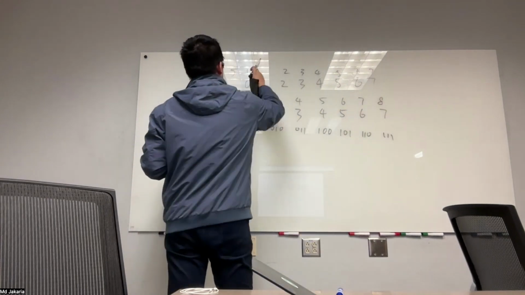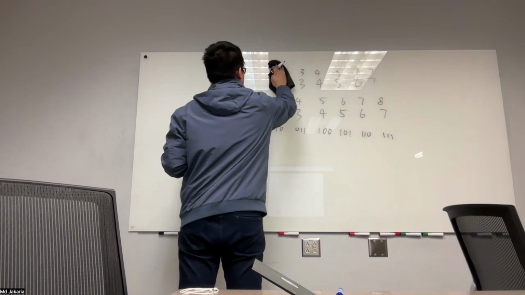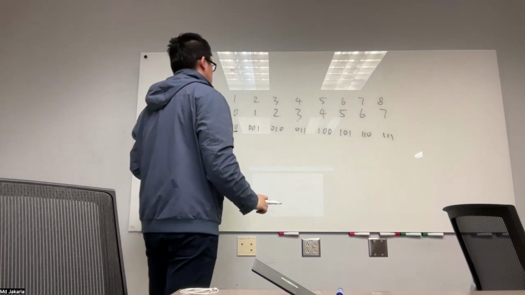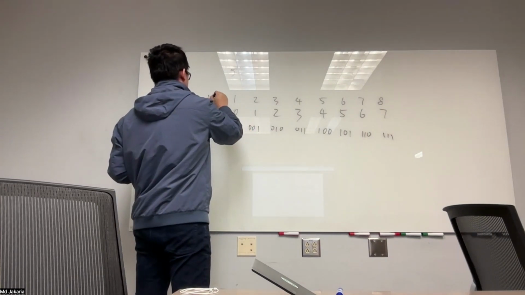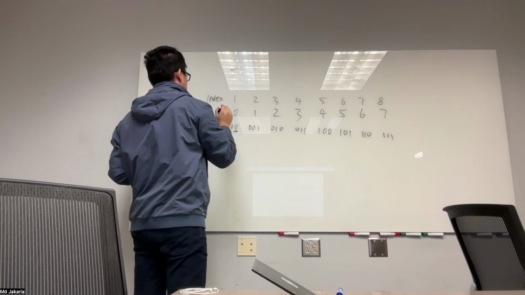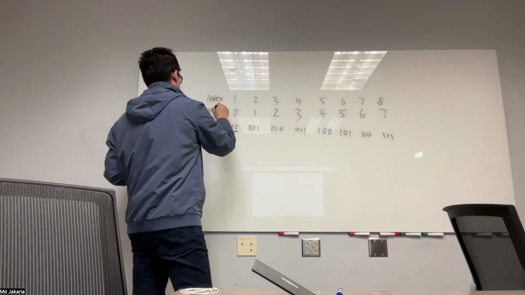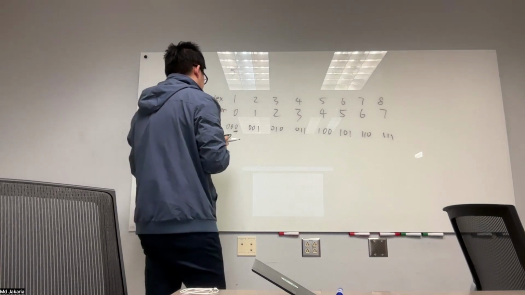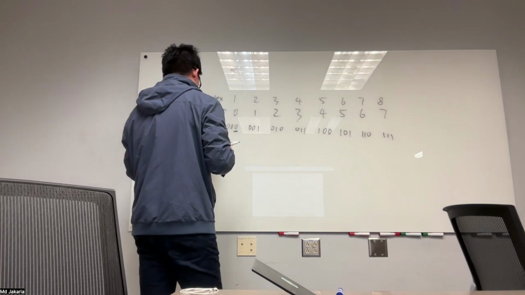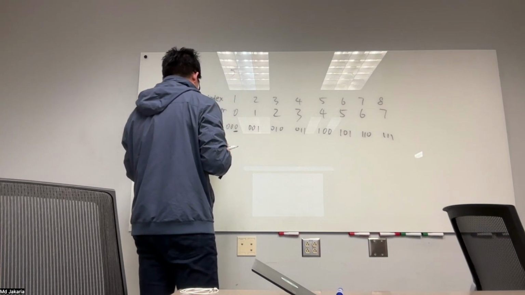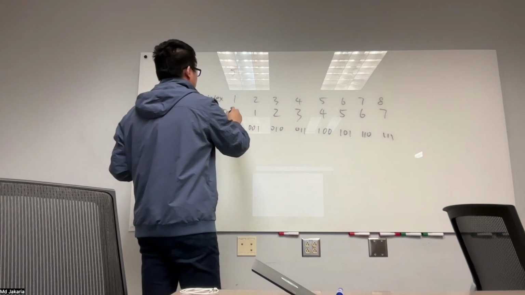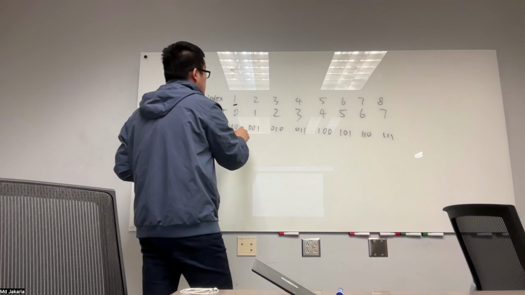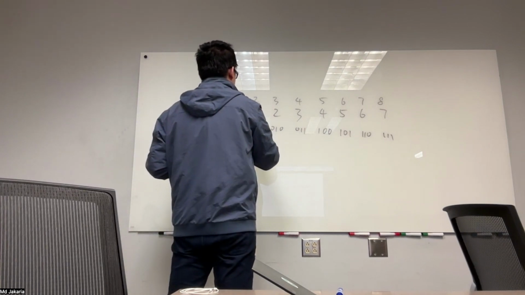This is the indices, and this is the number. So for all the odd indices, the number should be even, and for all the even indices, the number should be odd.